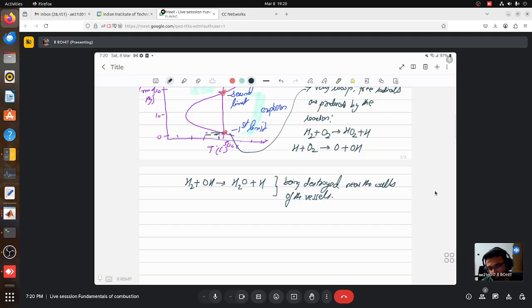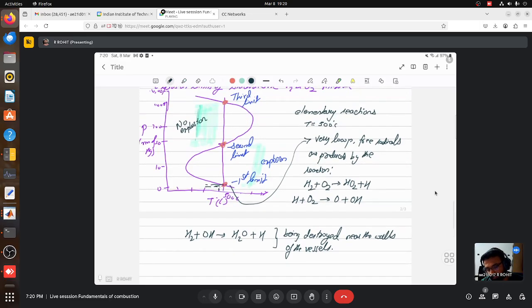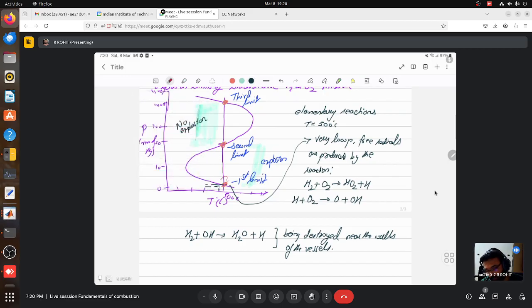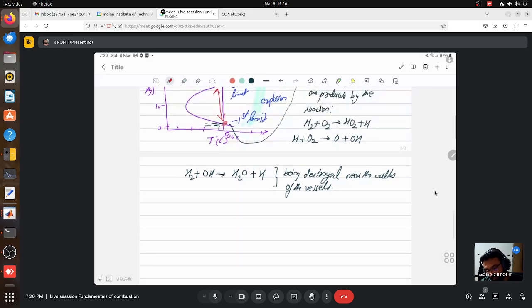Now when your pressure is above 1.5 mm, this region is what we are looking into. When your pressure is above 1.5 mm, the mixture ignites and explodes.